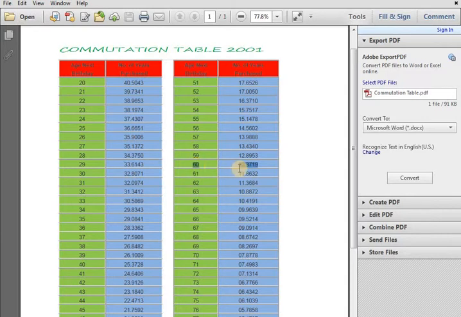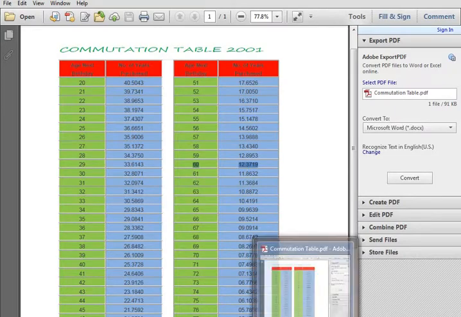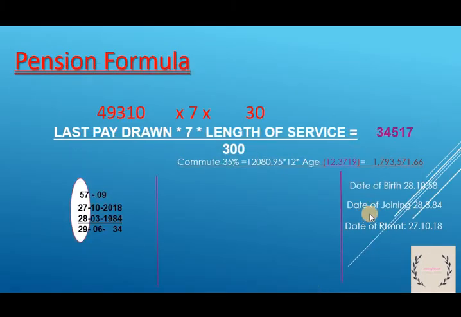The rate of 60 years is 12.3719, and here it is. By multiplying all these calculations, after all, we got 3,571.66 as gratuity.